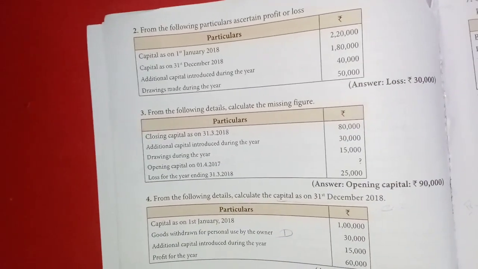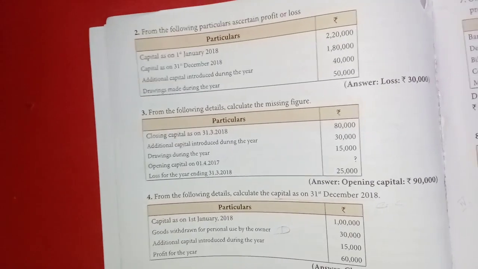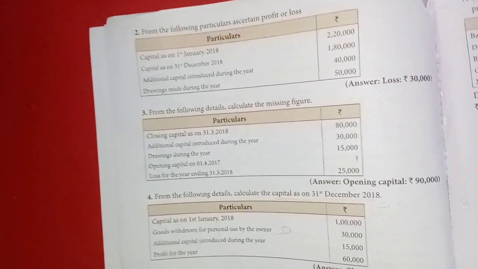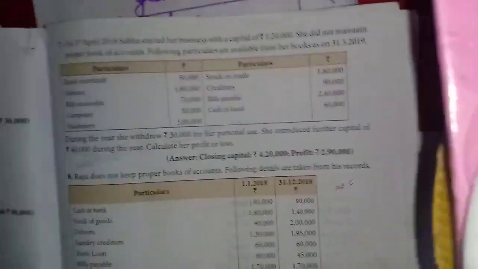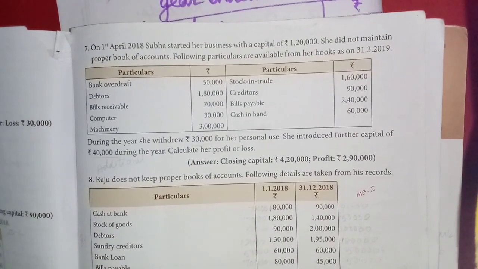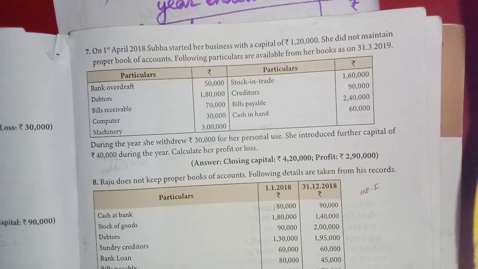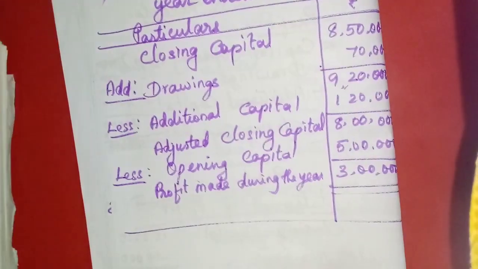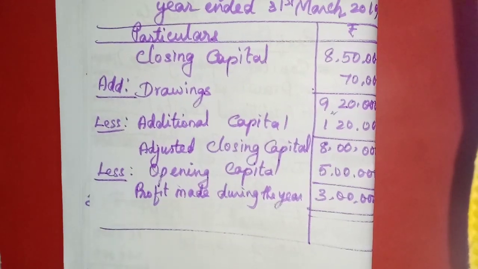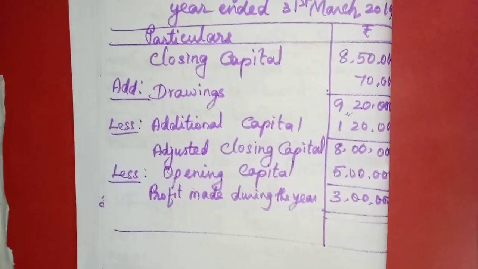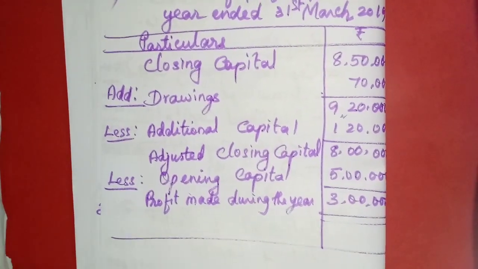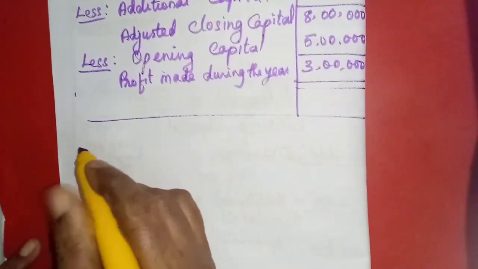Additional capital introduced, 40,000. Drawings made during the year, 50,000. Okay, we will try the same way. First you write the question number. Number 2.